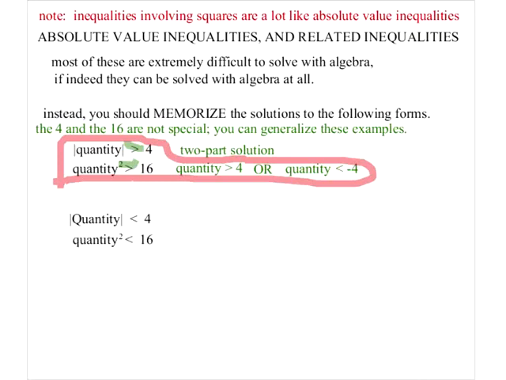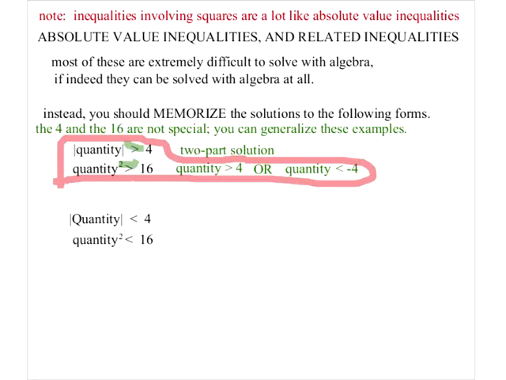You should memorize this. Another one that you should know, if you have a less than, what's the solution to this one? Text box. Yeah, okay, you got it in the text box there.